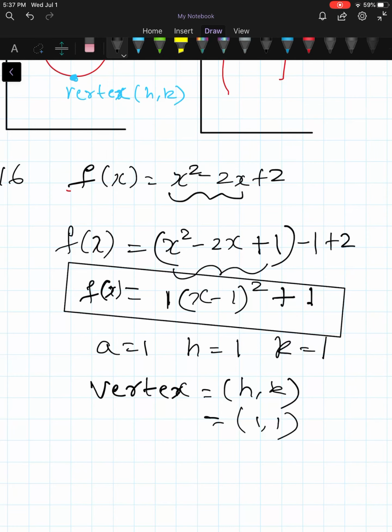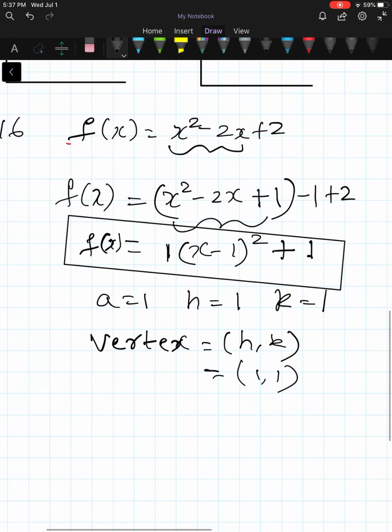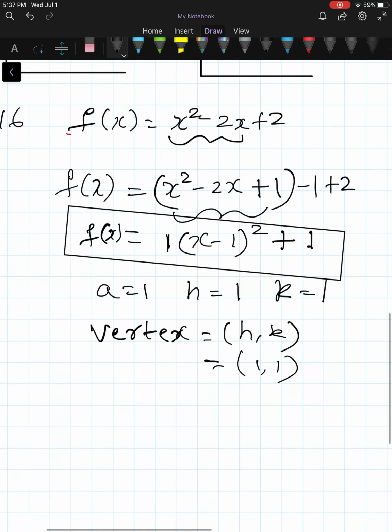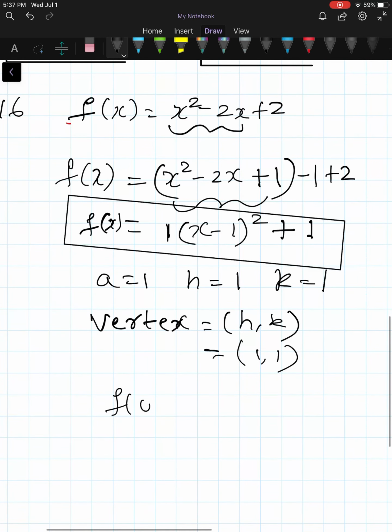Okay, and x and y intercepts. So how do you find x and y intercept? The y intercept is where the graph touches the y axis, and the x intercept is where the graph touches the x axis, right? So when does the graph touch the y axis? When x is 0. So f of 0 is the y intercept.